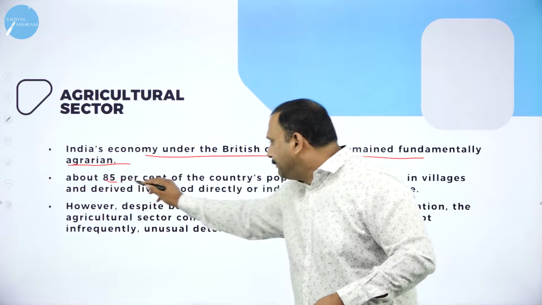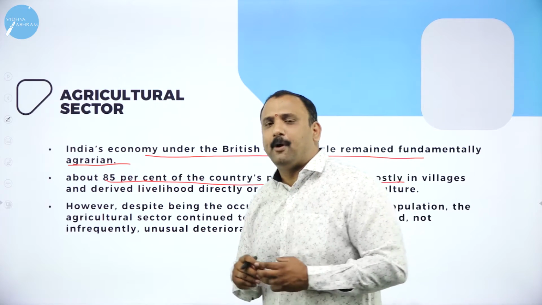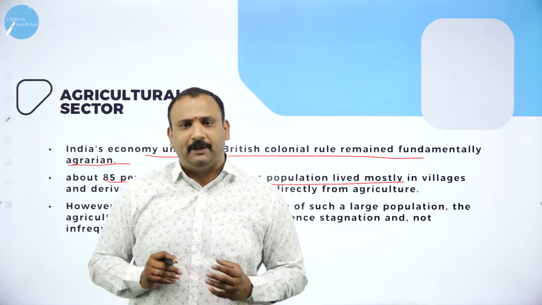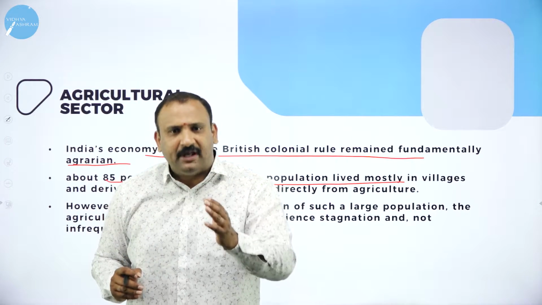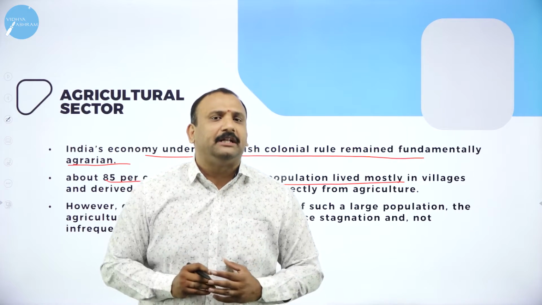But 85% of the country's population, now that's a very, very important thing that I would like to say, 85% of India's population just survived because of agriculture. They were totally dependent on it.